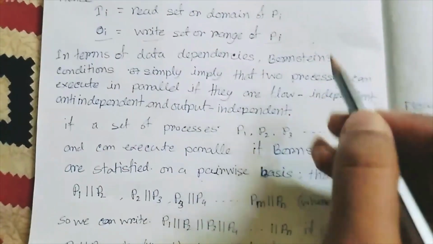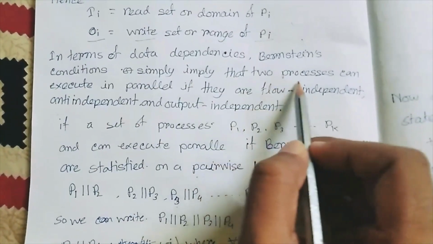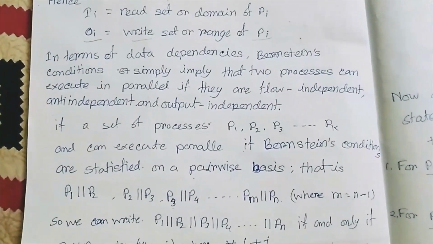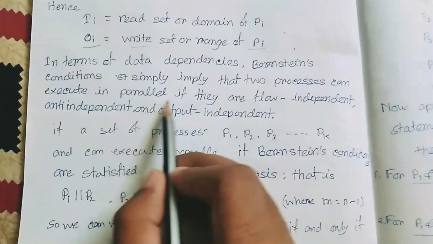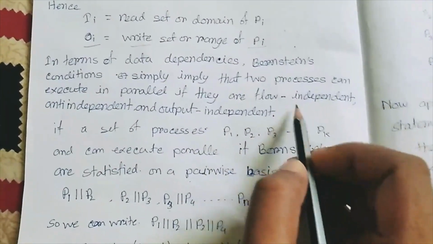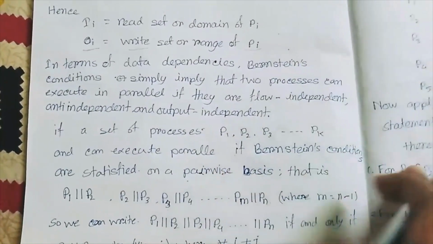So in terms of data dependencies, Bernstein's condition simply implies that two processes can execute in parallel if they are flow independent, anti-independent and output independent.